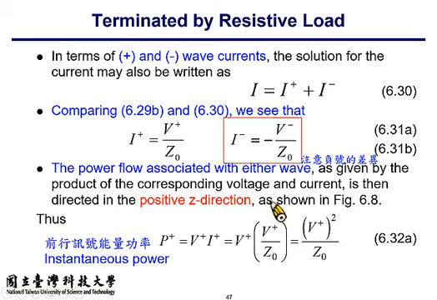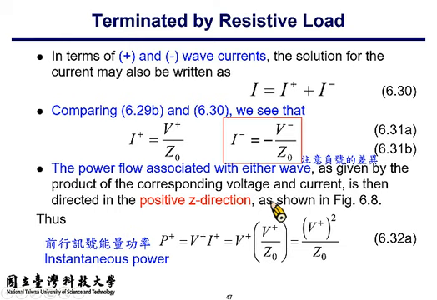However, when you combine the two together, what is the ratio of total voltage over total current at a specific position? Well, it's not necessarily equal to Z sub 0.